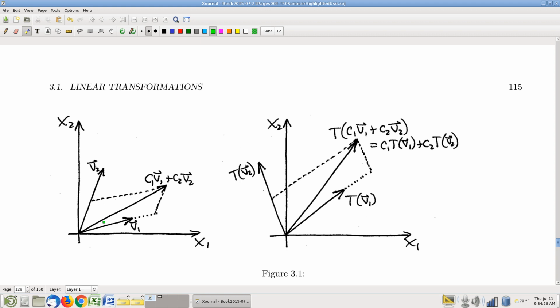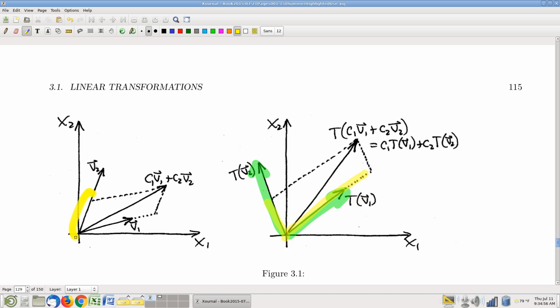These two input vectors, I can look at their outputs by this linear transformation. Inputs have outputs. And I could take the same linear combination of those two output vectors. So the same multiple of that first vector, about 1.5 times the first output vector.